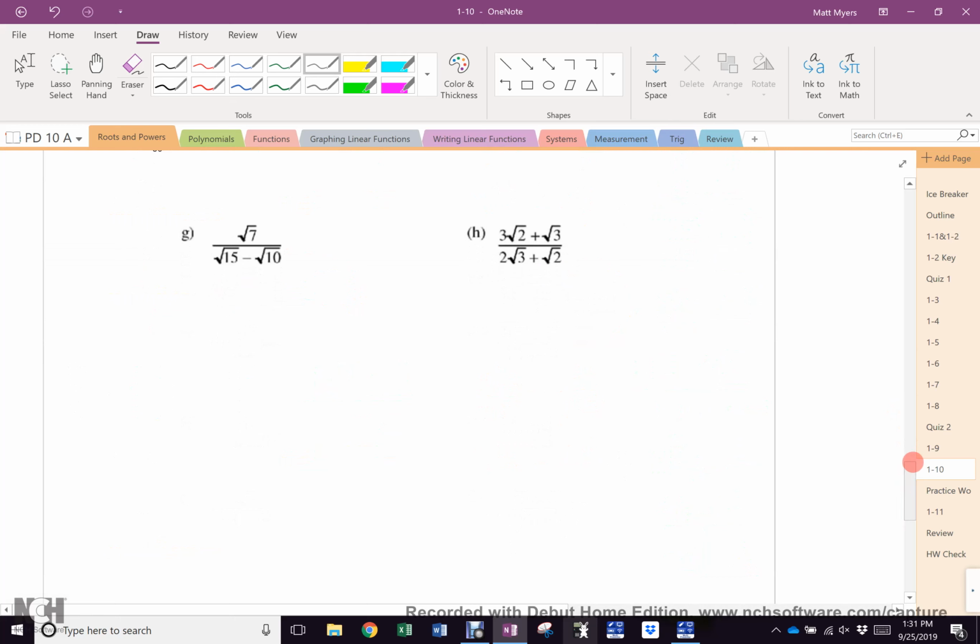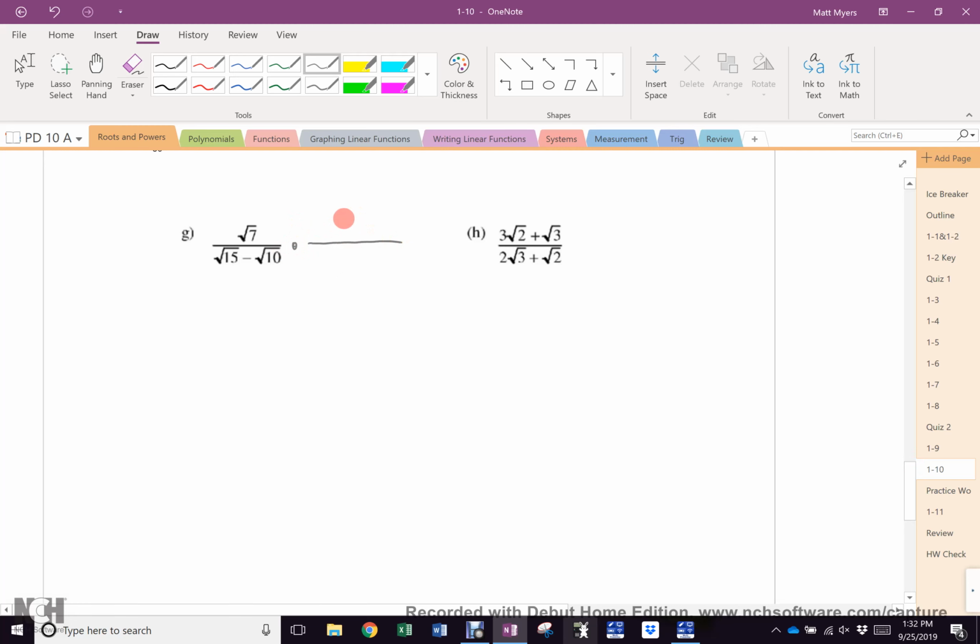Turn the page over. What is different about G? The binomial is in the denominator, and they are both radical. Blech! Right? So, we are going to use our brains. What do we know we have to multiply by here?